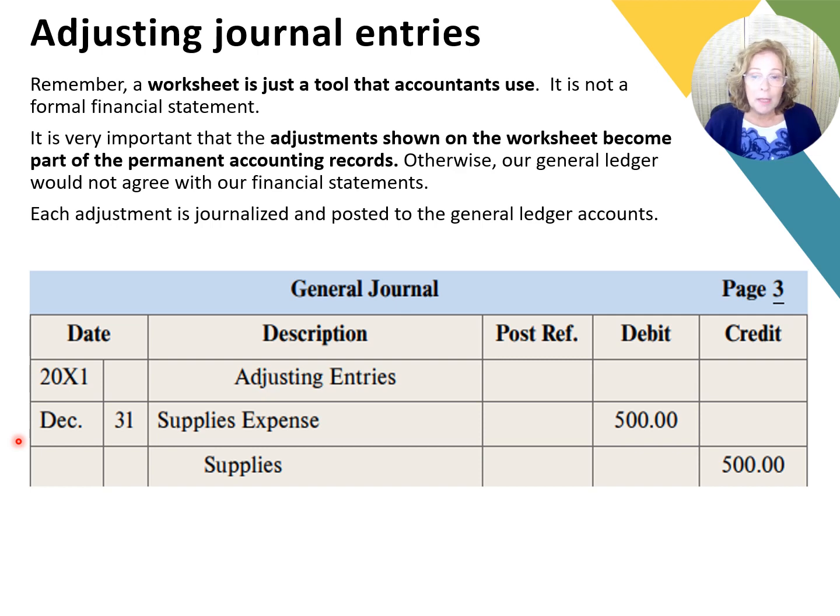So to record that entry in the general journal, enter the date into the date column, and then write the first account, supplies expense, into the description column and the amount of $500 into the debit column. On the next line, you slightly indent and write supplies on the description line and $500 into the credit column.